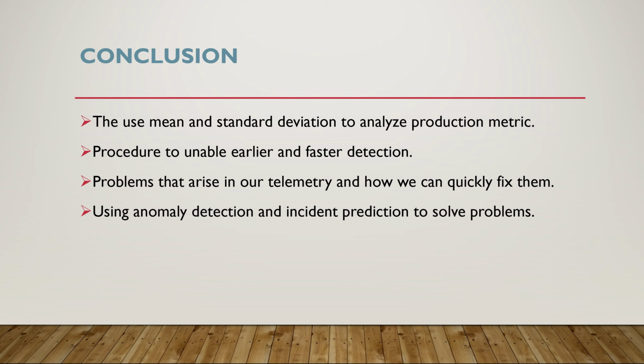We need to have a procedure to enable faster and earlier detection, so we can use what Netflix used and expect what times people are using their services, and maybe tune the servers to carry a higher load at certain times and lower load at other times. We discussed problems that arise in our telemetry and how we can quickly fix them, and we talked about anomaly detection and incident prediction to solve problems.